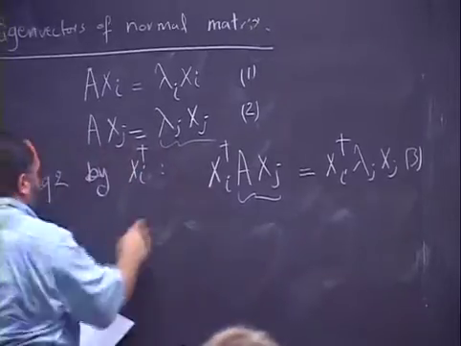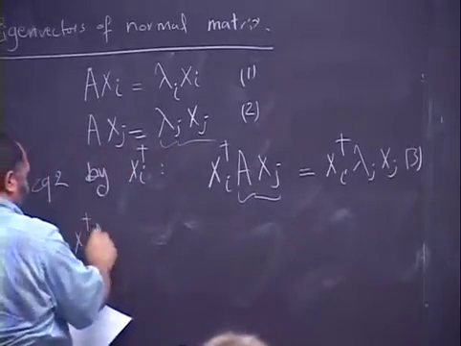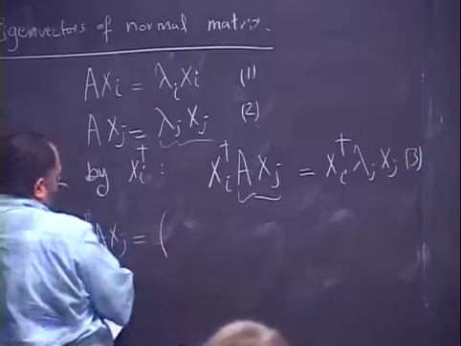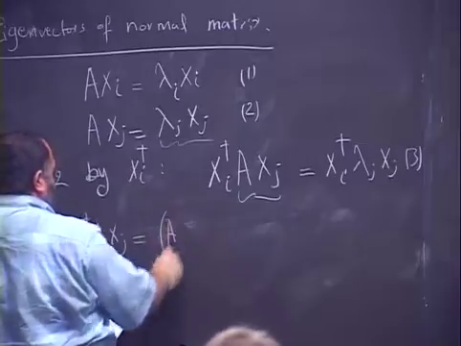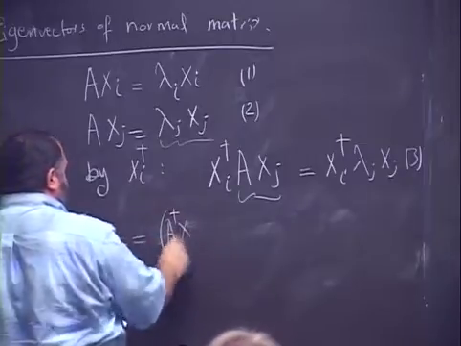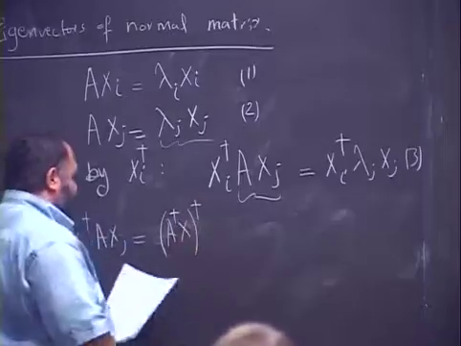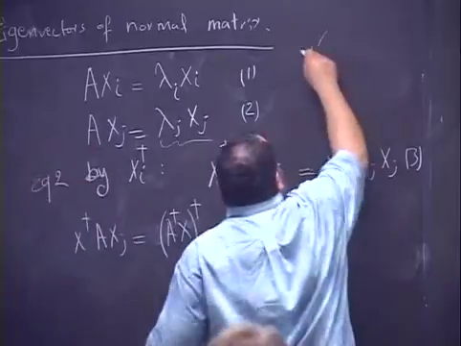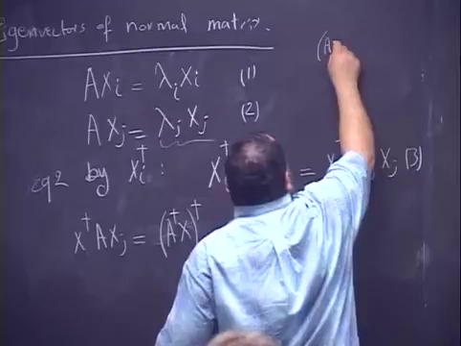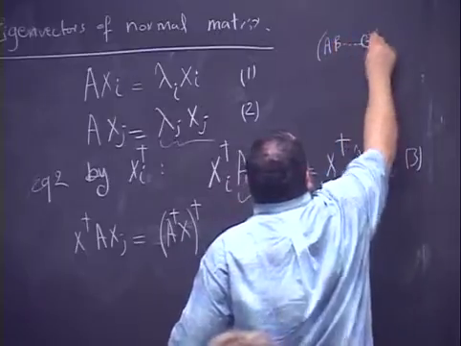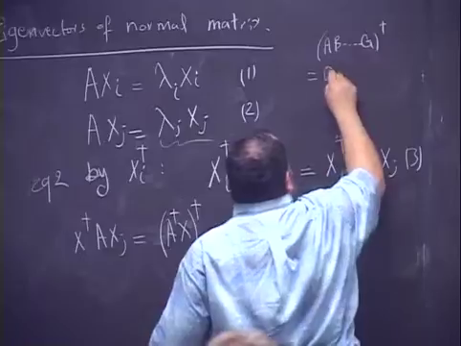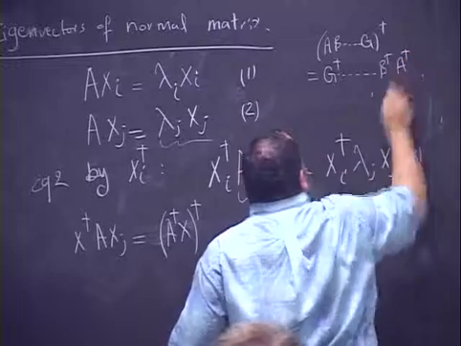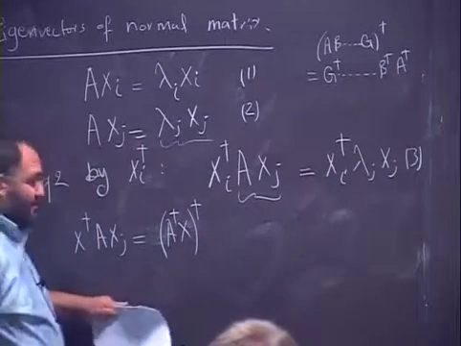Then we'll take again this part here, Xi dagger A Xj. Again we'll do the same trick. I will reverse the order, so it will be A dagger multiplied by Xi, and I take dagger here. All of you know this trick again. This comes from the property that (ABC) dagger is equal to C dagger B dagger A dagger. So this is the property here. Okay, guys?